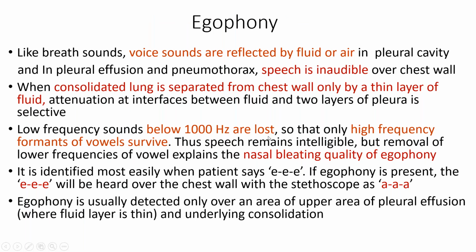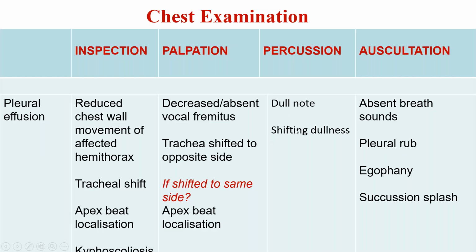You always forget this in the examination, so look for the shift. There is a dull note on the same hemithorax. If it is bilateral, then on both sides. And always look for shifting dullness.